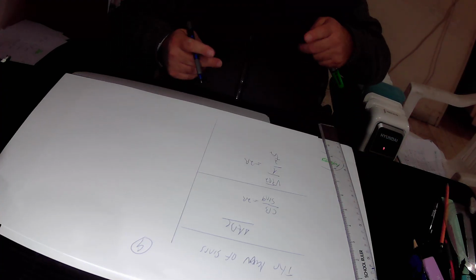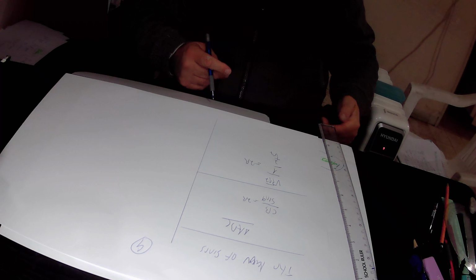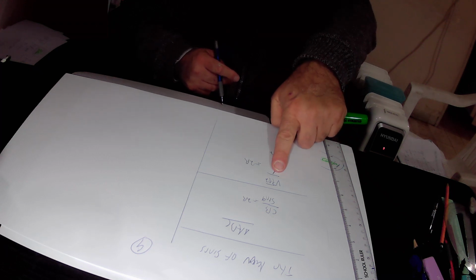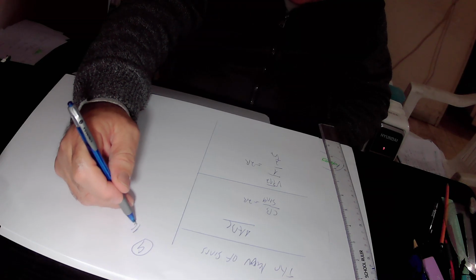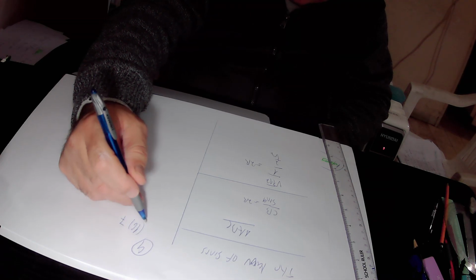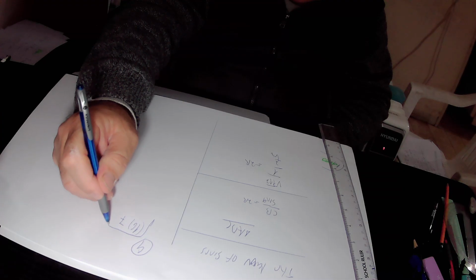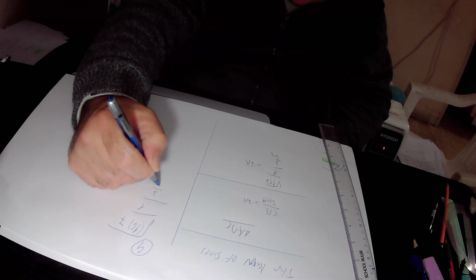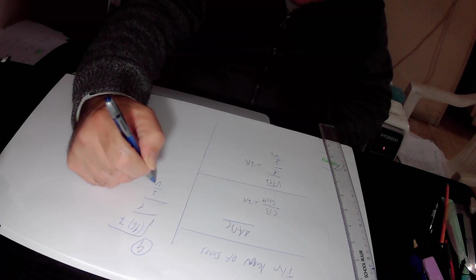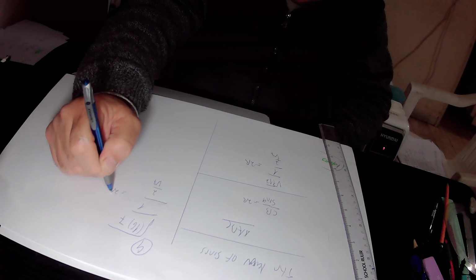We substitute 112 by 16 times 7, and we get that the root of 16 times 7 over 1 over 2 times square root of 7 equals to 2R.